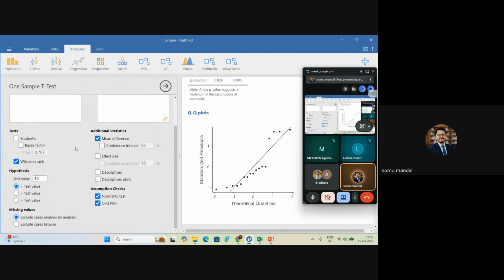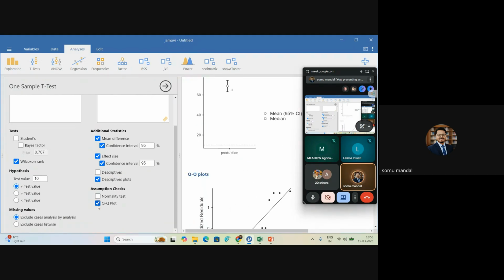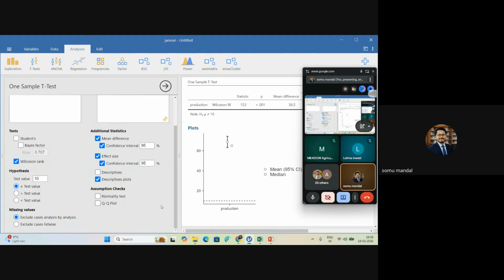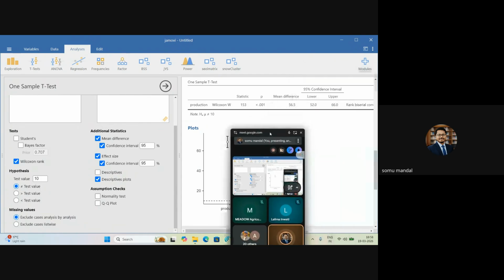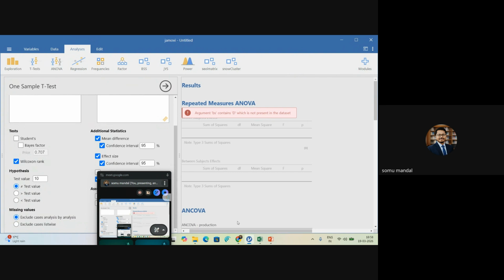Mean difference, also click on the confidence interval, effect size, as well as the descriptive plots. Now remove the tick from the assumption check. From here, you can find your result section. Okay, this is the Wilcoxon result section.